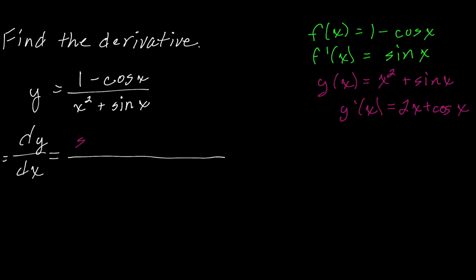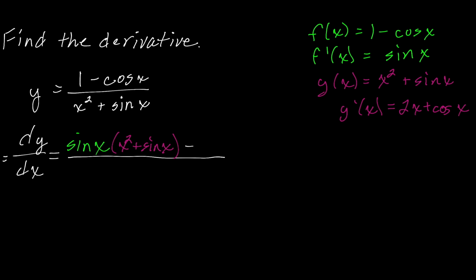Whoops, let me switch color again so it makes sense. That is sine of x times the bottom, which is x squared plus the sine of x, minus, okay, I'll go back to my base color here, minus the derivative of the bottom.